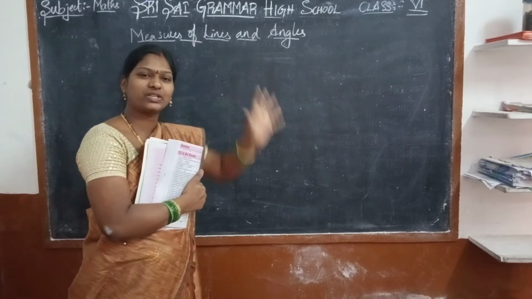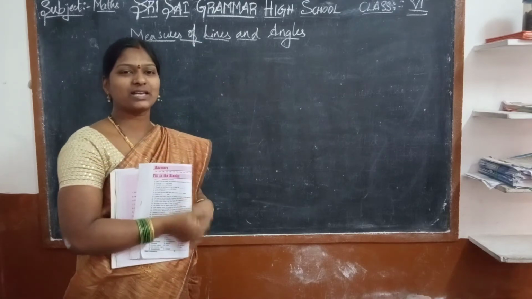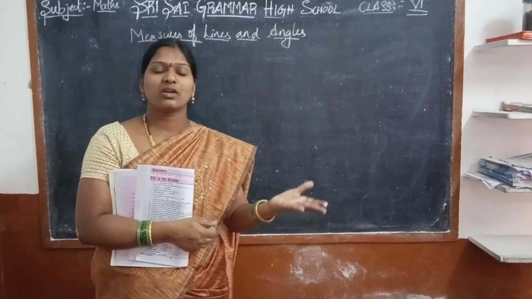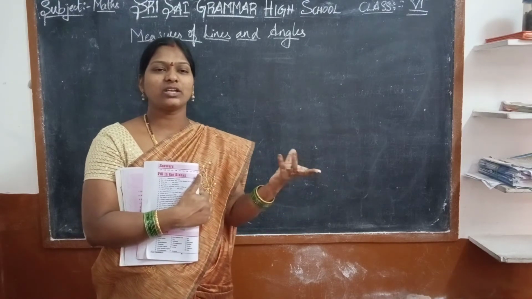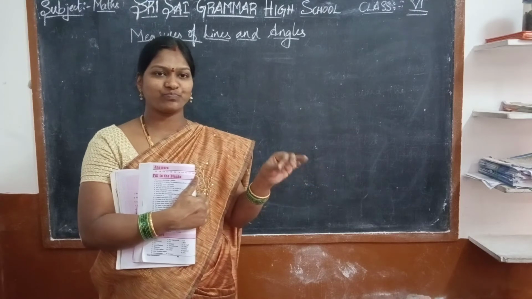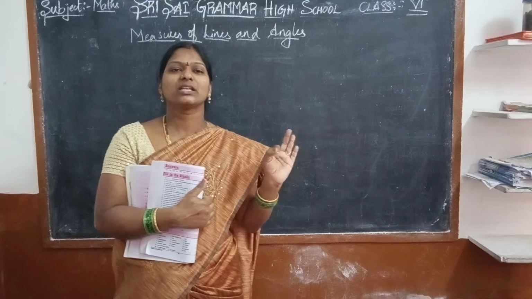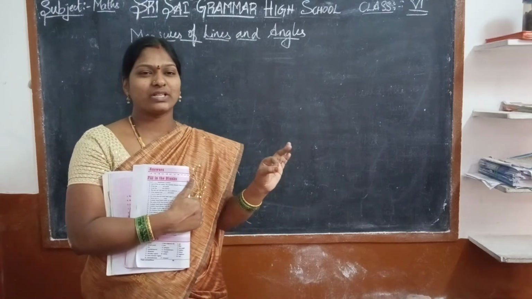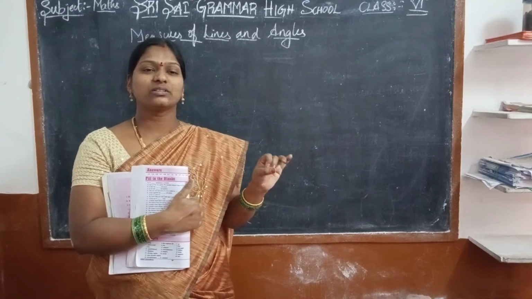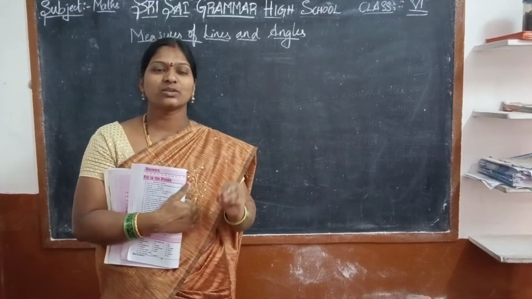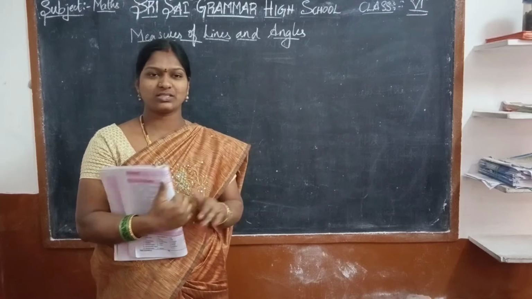What is the length of the book? What is the length of the chalk piece? What is the length of the chair? What is the length of the TV? Whatever item it may be, yes, it is compulsory to measure. To know the measurement of certain things, we need a tool or a device.